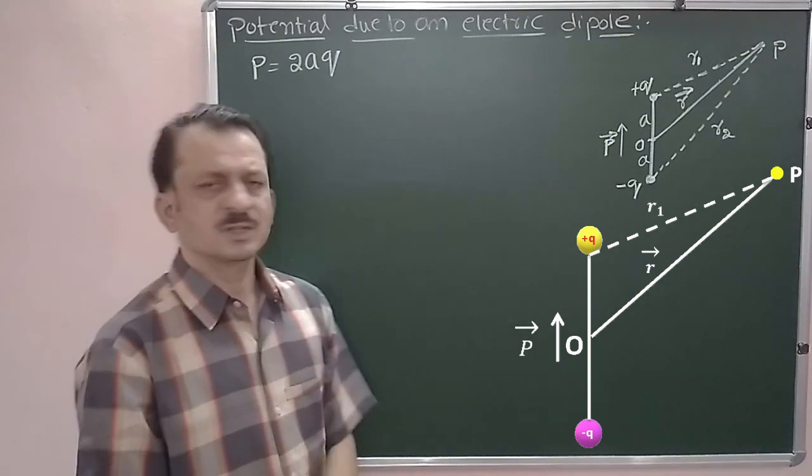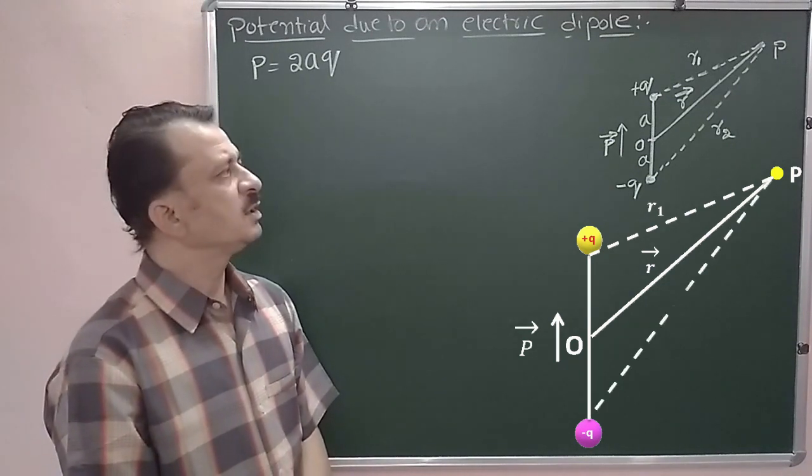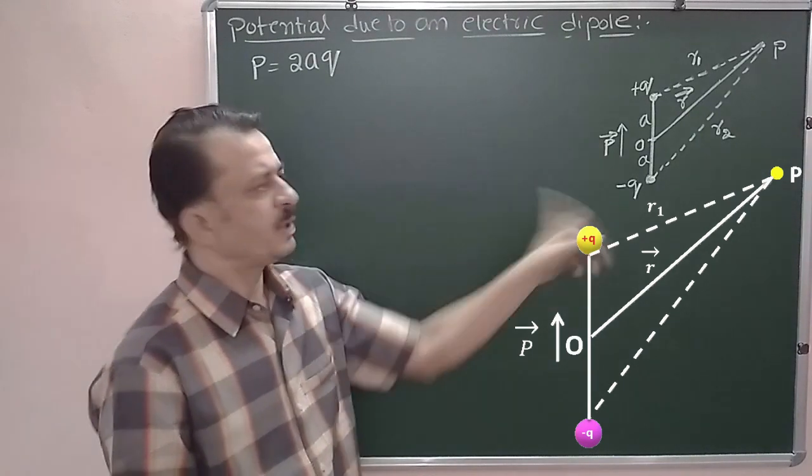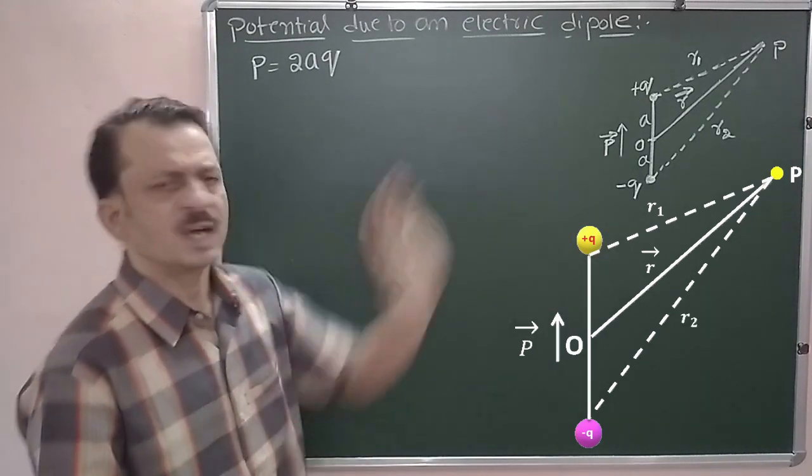We know the expression for the potential. Now write it for independent charges. Let me take the positive charge.